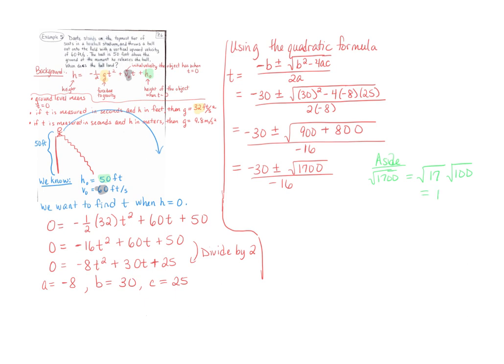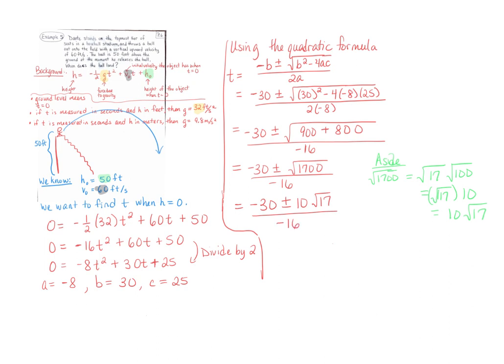So this is the square root of 17 times 10, or 10 times the square root of 17. Easier on the eye. Okay, so all of that to say, this is equal to negative 30 plus or minus 10 times the square root of 17 all over negative 16.